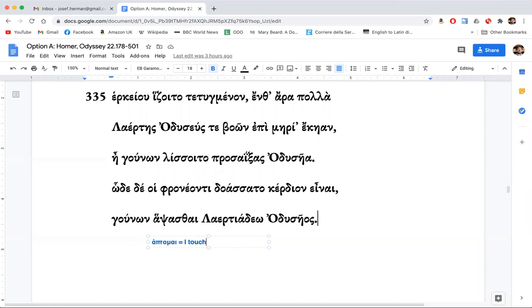That's where words like synapse and so on come from. And here we have an infinitive from it. So to touch or to clasp, and haptomai takes genitive, so gunon, the knees, of Odysseus, genitive case, Odysseos, so of Odysseus, the son of Laertes, Laertiadeo, and that is another genitive, and it's another patronymic.